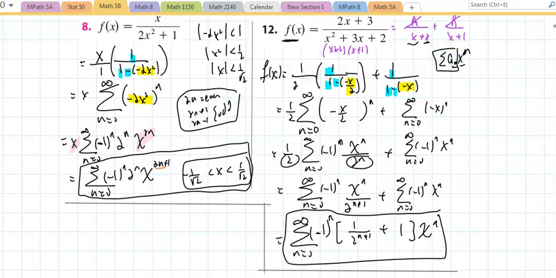Oh, I almost forgot. What would be the radius of convergence or interval of convergence? On this piece right here, this indicates absolute value of x over 2 is less than 1, right? That means absolute value of x is less than 2. This indicates that you are between 2 and negative 2.